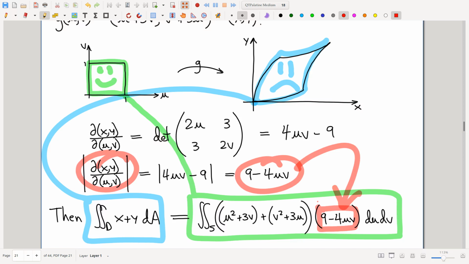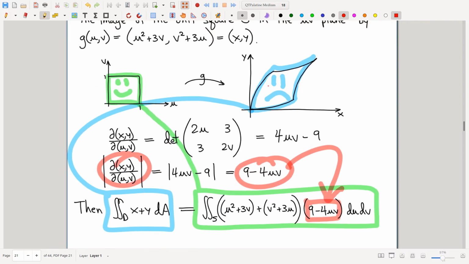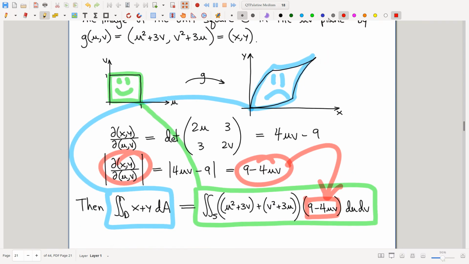Everything else is literally just plugging in the formulas I was given. In particular, and again, very easy to overlook, I was given a formula for x. Because x is the first output of g, I have a formula for the first output of g. So that's what x is, and all I've done here is plug that in.